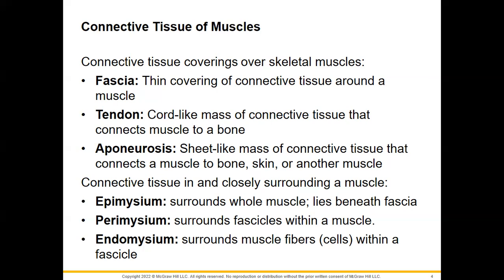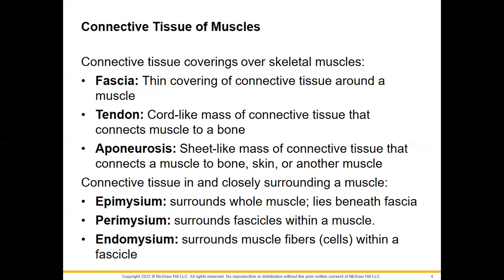So when you look at muscle tissue, think of chicken muscle, and you are pulling muscles apart. You see this white connective tissue that connects the muscles together. Those are aponeuroses. So they again will connect not only muscles to bone, but also muscles to skin.